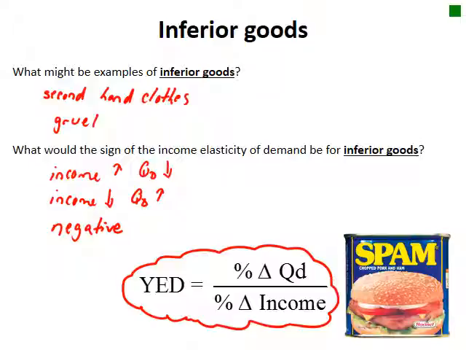So you have, let's say, income goes up, quantity demanded goes down, because you are earning more. You can now get rid of these things that you don't want to consume. On the other hand, if your income goes down, and you don't have enough money for the finer things that you would prefer, the quantity demanded in this case will go up. So we're going to expect the sign to be negative.